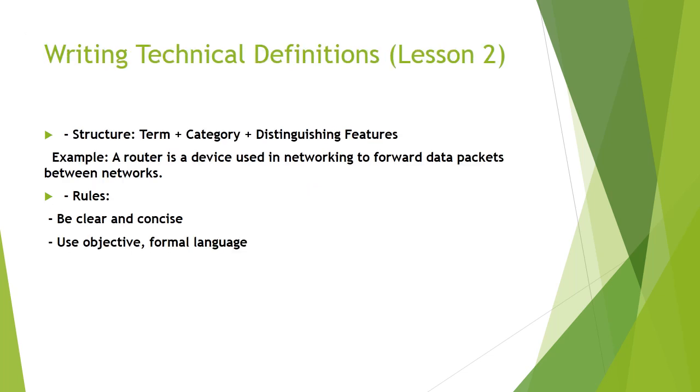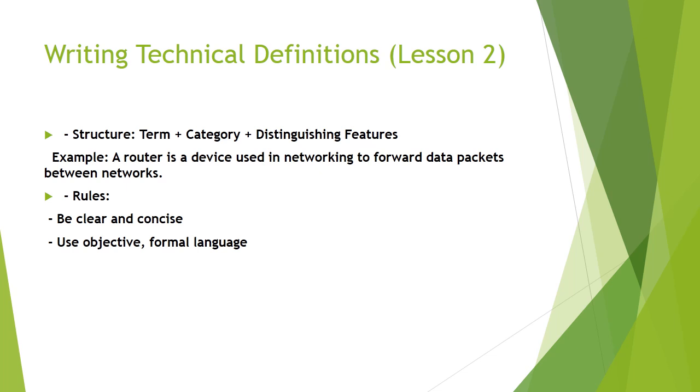Now let's dive into lesson 2, where we have learned to write technical definitions. The first thing that we have learned is the structure of a definition, which includes a term, which should be followed by its category and its distinguishing feature.